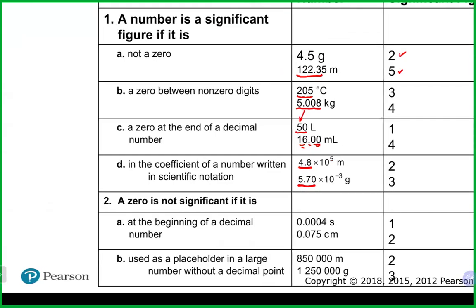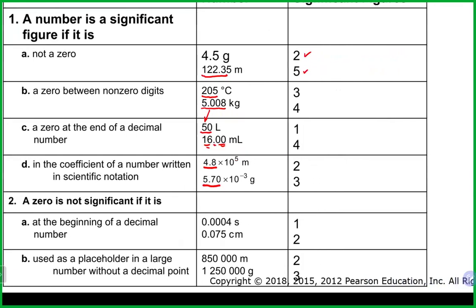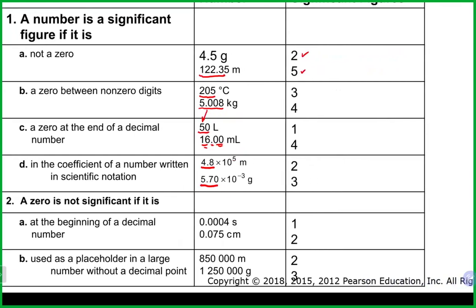We'll come this way. All these zeros are not going to be significant because, again, we don't start counting until we hit that 4, which is our very first non-zero going left to right, and that's the only number left. So that is 1. Same thing here.